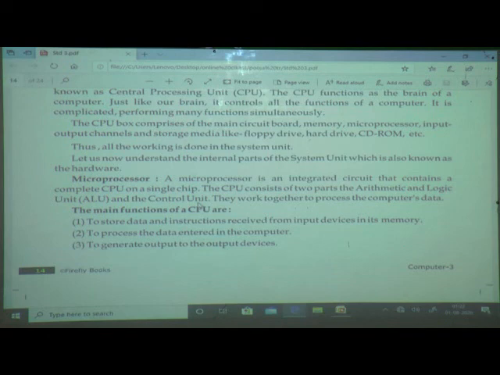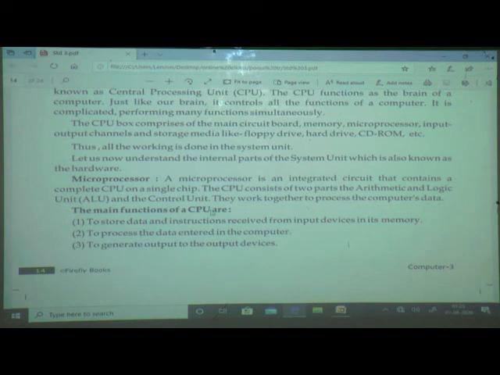The arithmetic and logical unit is also called the ALU, and the control unit is the CU. They work together to process the computer's data.